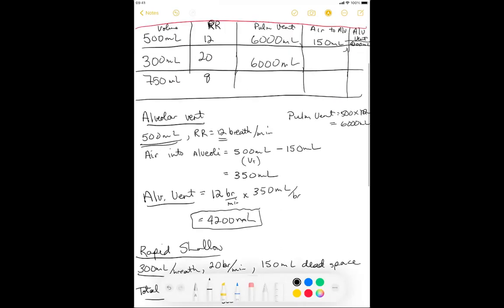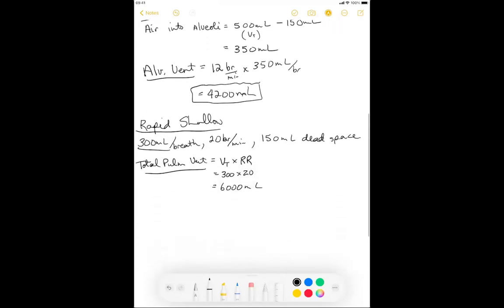But let's look at our alveolar ventilation. Alveolar ventilation is equal to our respiratory rate times our tidal volume minus our dead space volume.